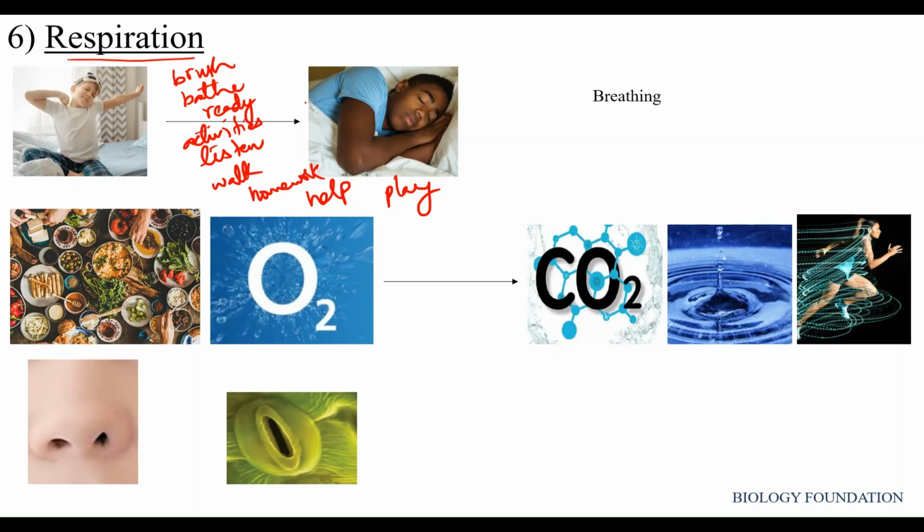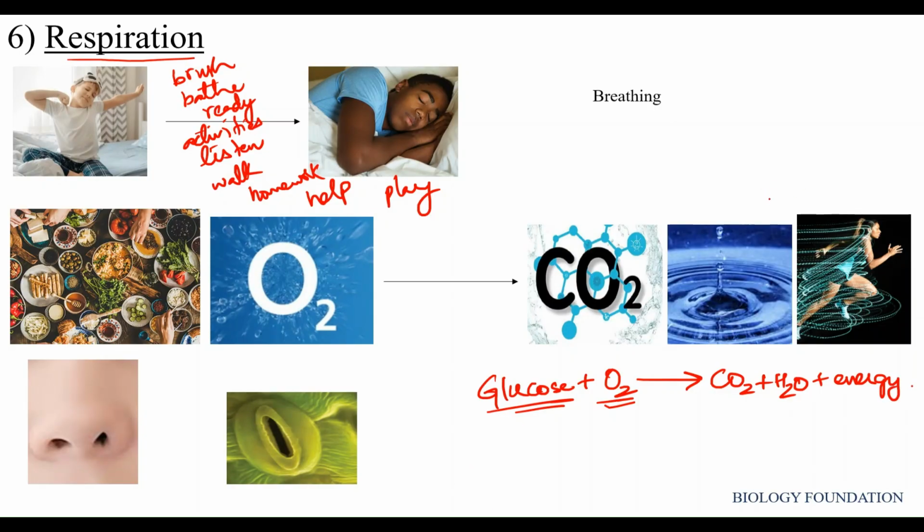So basically, for performing all these activities you need energy, right? The food that we eat, which is rich in glucose, along with the oxygen that we breathe in, gets converted by the cells present inside our body, we are multicellular organisms made up of many cells, into carbon dioxide, water, and in turn gives you energy to perform various activities.